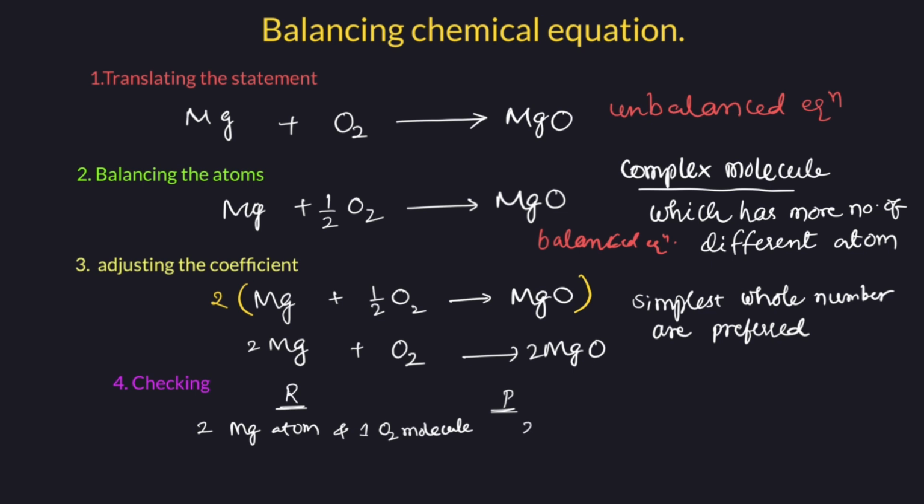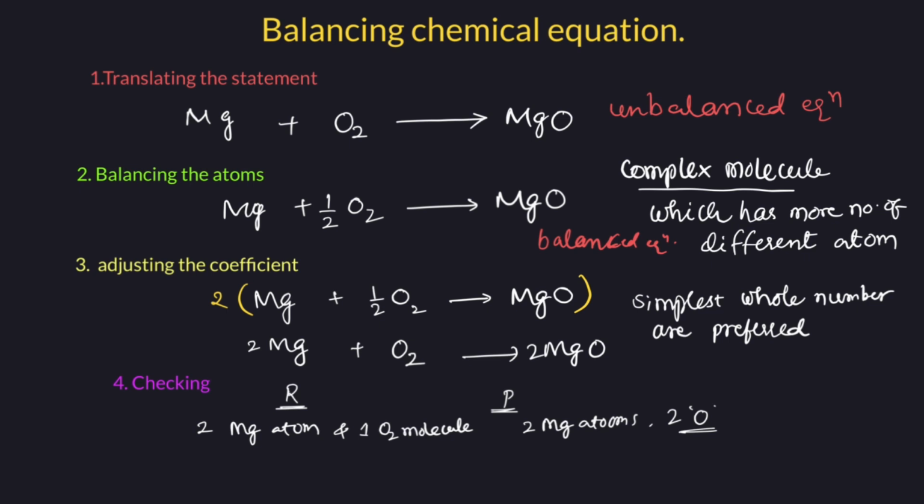Then we can say two magnesium atoms are present and two oxygen atoms are present. So totally, left side of the arrow mark and right side of the arrow mark, two magnesium, and in one oxygen molecule two oxygen atoms, and here on the right side also two oxygen atoms, so that is balanced.